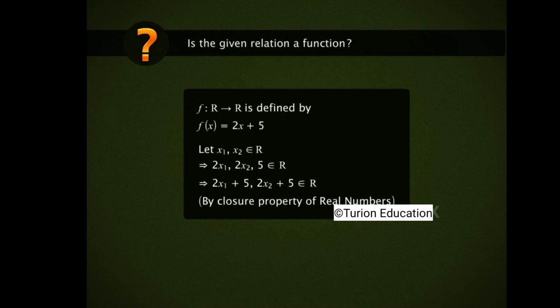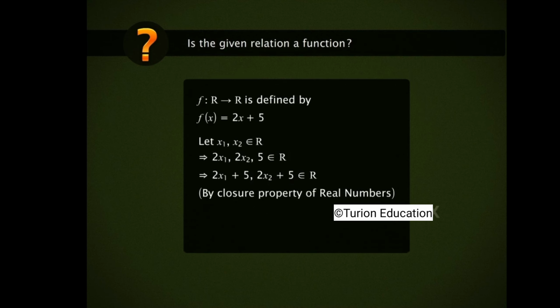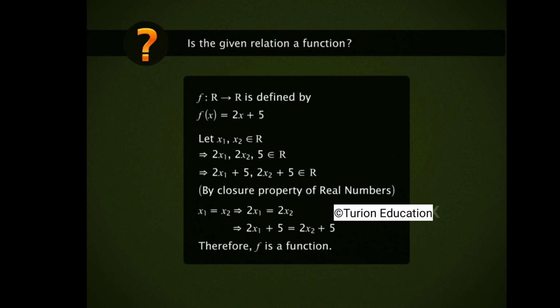This satisfies the first condition, that every element in the domain set has an image. Secondly, if x1 and x2 are equal, then so are 2x1 plus 5 and 2x2 plus 5. Thus, every element in the domain has a unique image. So, relation f is a function.